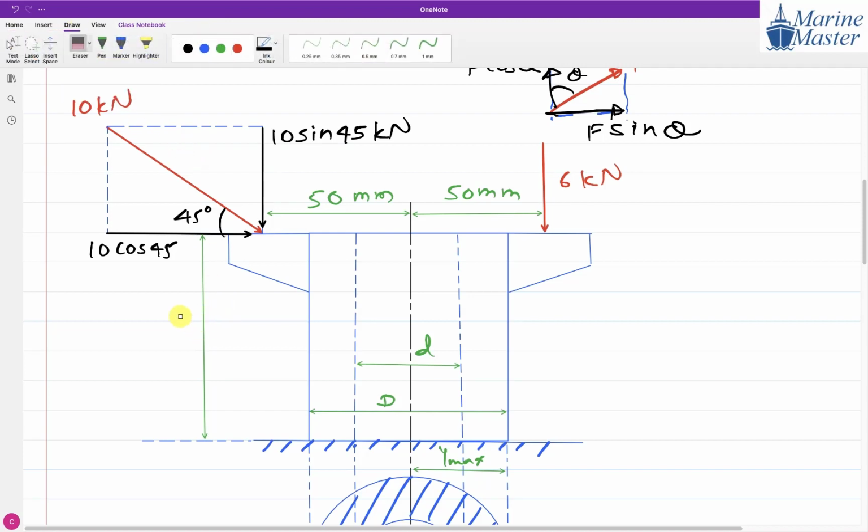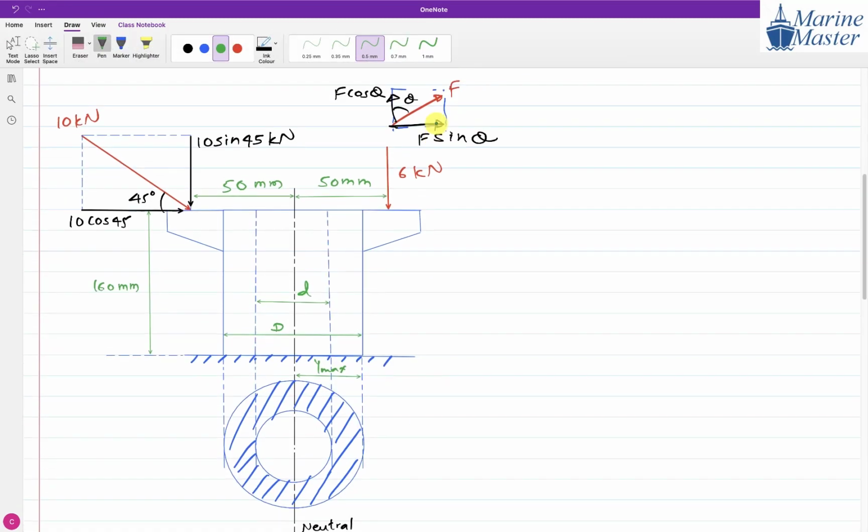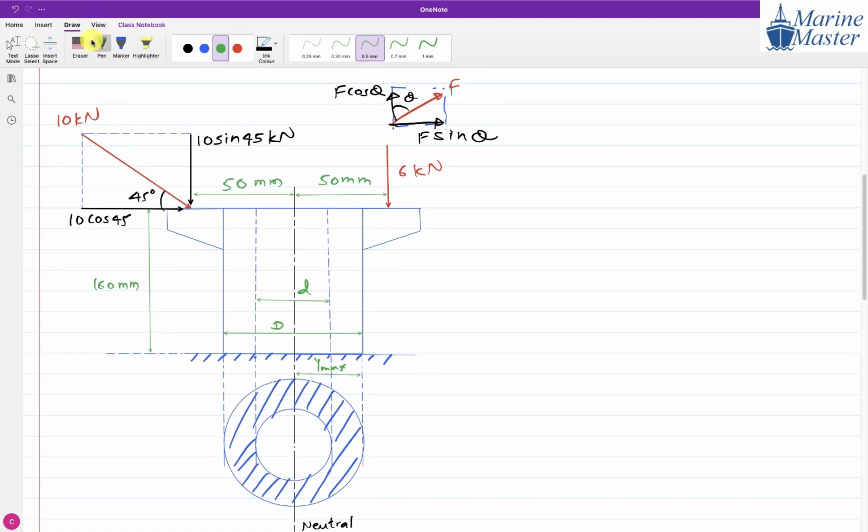Height of the column is 160 mm. So this distance will be 160 mm. So before going further, guys, what you have to do? Draw this figure properly, everyone. Is this figure visible properly? Yes, sir. Good, guys. So please, everyone, draw this figure properly.